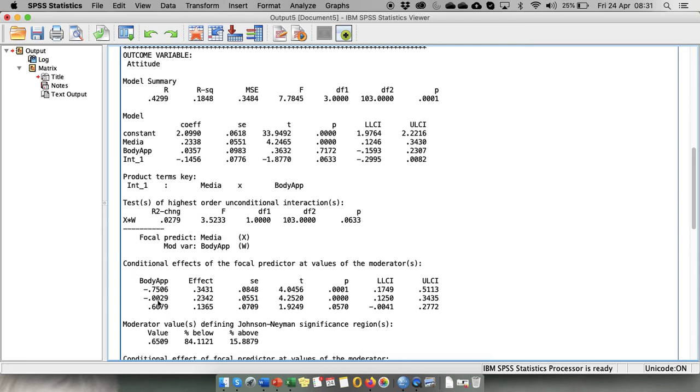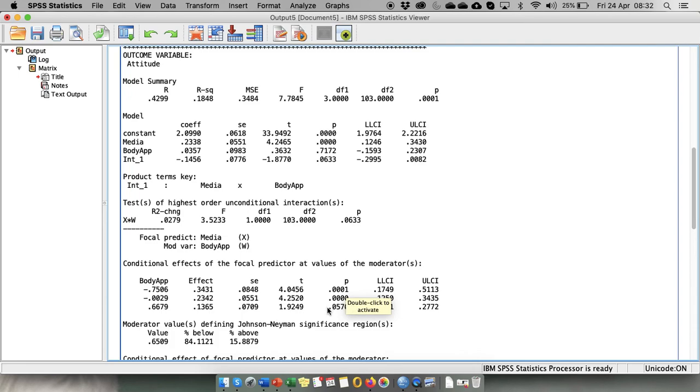But this would be a moderate body appreciation group, and this would be a high body appreciation group. And we can see that, for example, in the low body appreciation group, the effect is significant. In the moderate appreciation group, the effect is significant, but not in the high body appreciation group.